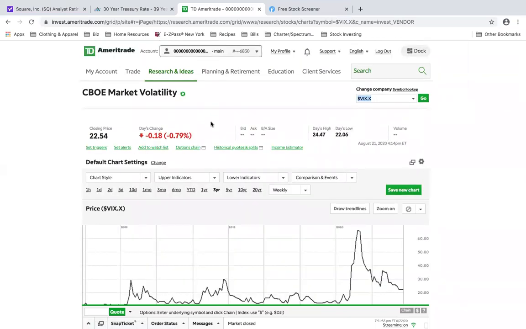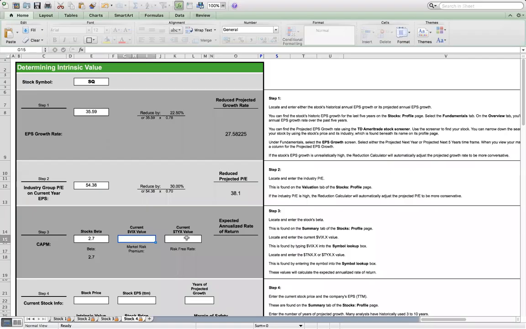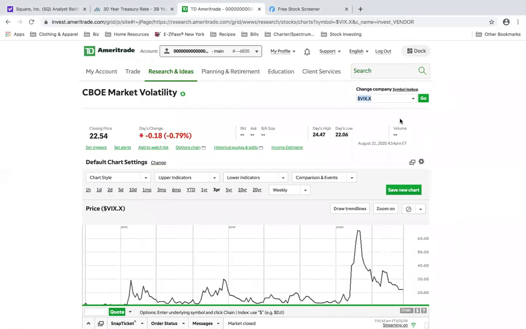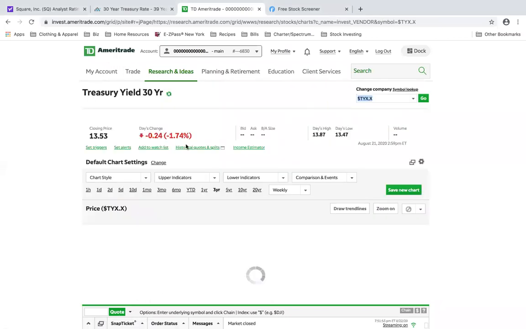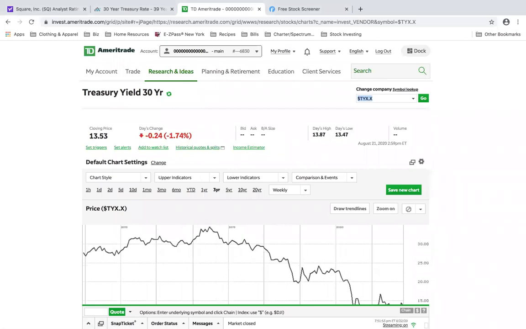That'd be 22.54. And then here is used as the treasury yield. So you just plug that in. You just put the symbol in for the treasury yield. $13.53.